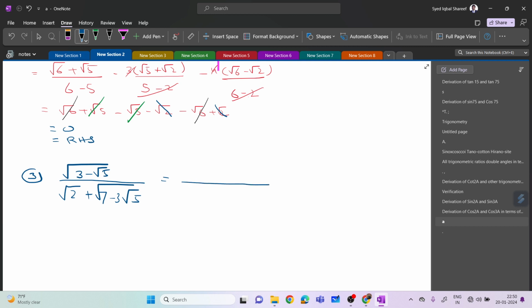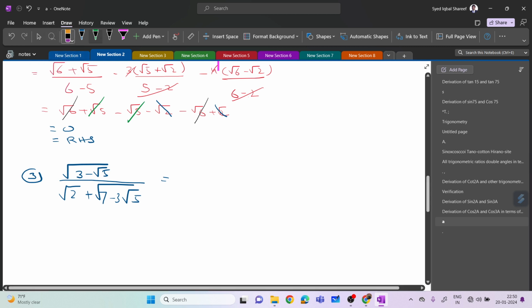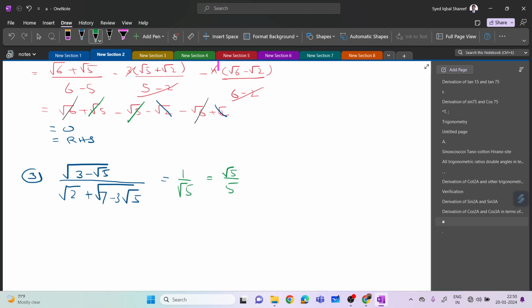We have to show it is equal to 1 by root 5, or root 5 by 5. This we have to show.